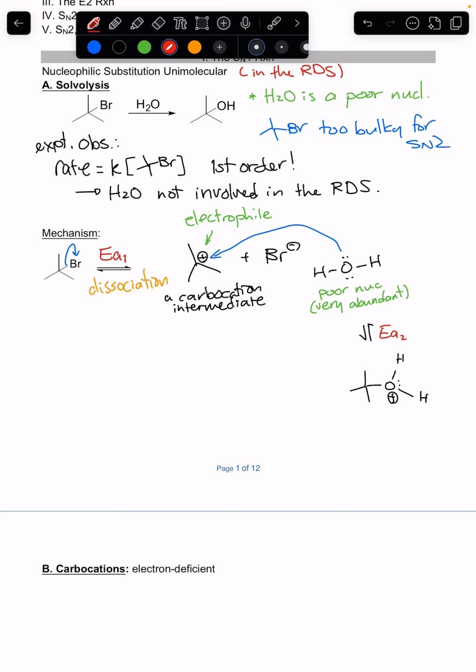And to get to the product from here, I want you to notice that's the product. We just need to lose a proton. So we could be sure that something is acting as a base.